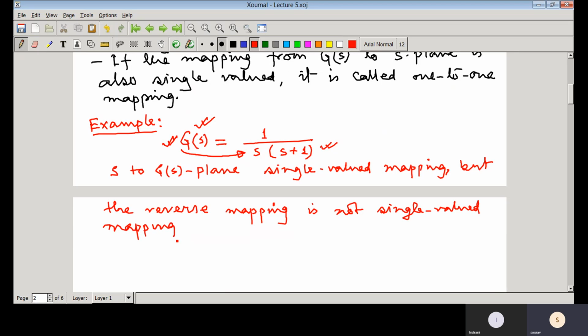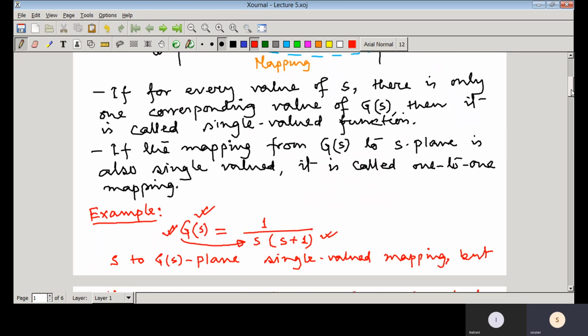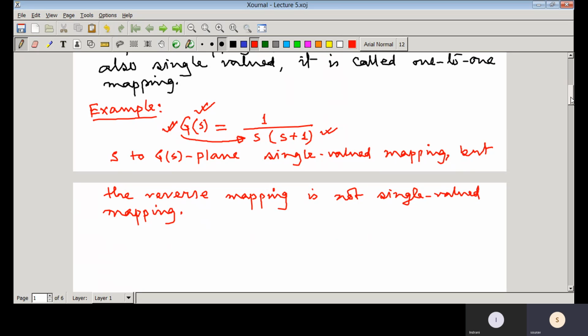Why? We have considered the s plane and the G(s) plane including infinity. These planes are with infinity points. Then whenever G(s) equals infinity, we can have two values of s.